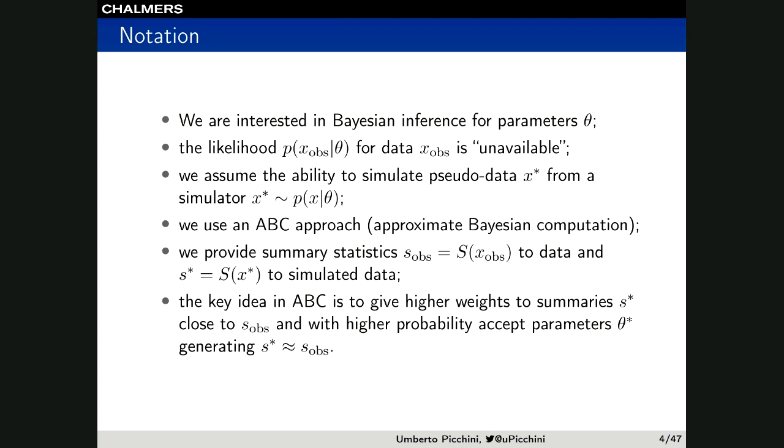And for the very few that are new to this paradigm, the key idea in ABC is to give higher weights to the simulated summaries that are similar to the observed summaries pertaining to observed data, and therefore accept with a higher probability proposal parameters that make these events likely.